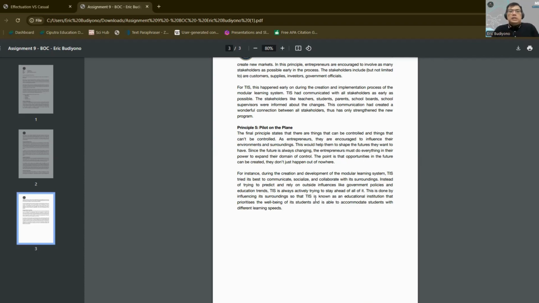Hopefully this presentation can give you some understanding about the implementation of the effectuation principles in Temasek Independent School, specifically in the modular learning system.